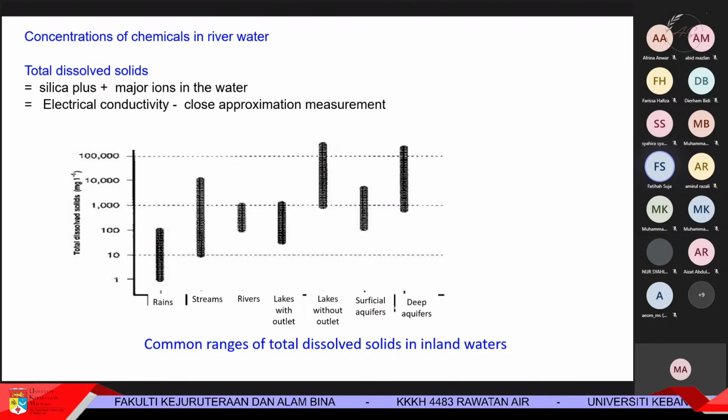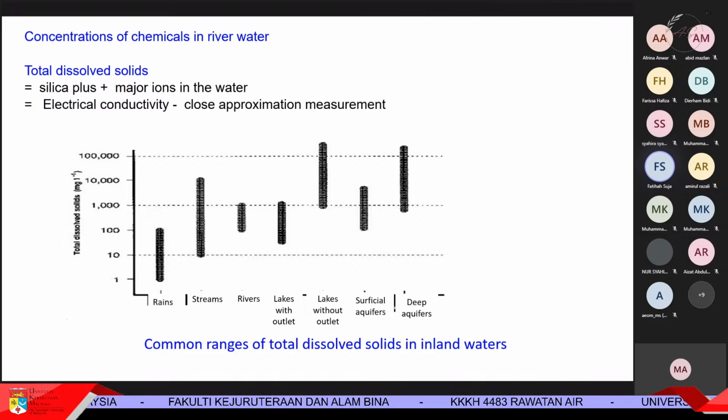When you want to measure total dissolved solids, the close approximate value is the EC, electrical conductivity. So when you have your wastewater characteristics that you want to treat, you get from the literature the EC content of the characteristic of the river or water body that you have chosen.